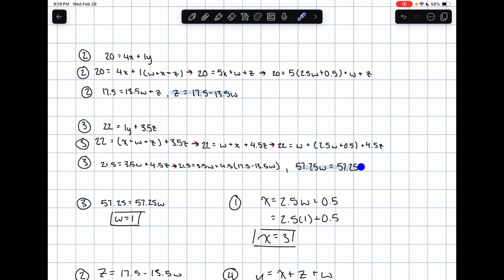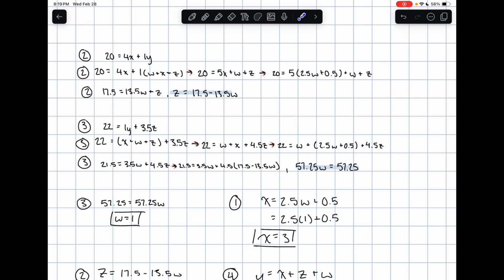Once we simplify, we get 57.25w equals 57.25. Now, I hope you have realized that we have an equation in terms of a single variable that we can solve for. So for equation 3, we're going to say 57.25 equals 57.25w, which means w is just equal to 1.